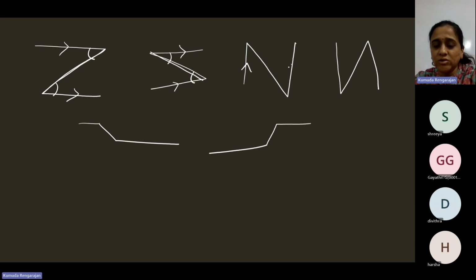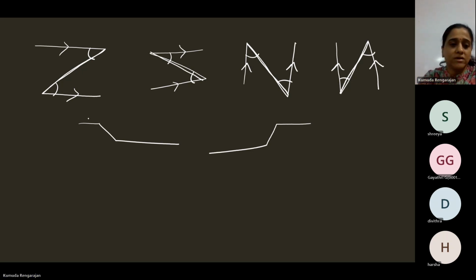This line is parallel to this line. This is the transversal. These are alternate interior angles. They're equal because the lines are parallel. Alternate interior angles are equal.